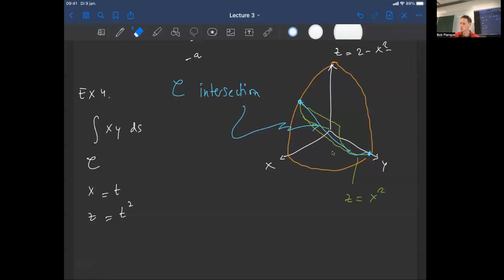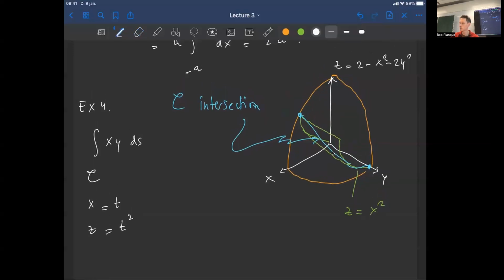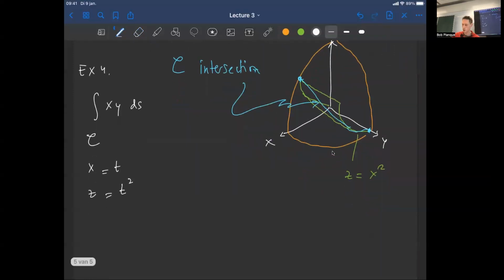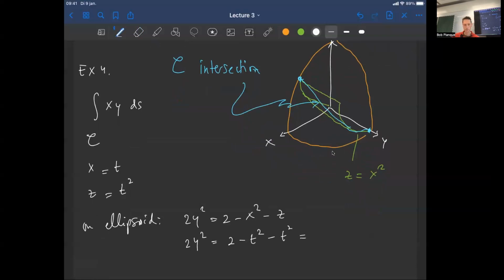On this ellipsoid, I have 2y squared equals 2 minus x squared minus z, simply because the point x, y, z has to be on this surface. And so 2y squared has to be equal to 2 minus t squared minus t squared. So that's just 2 minus 2t squared.